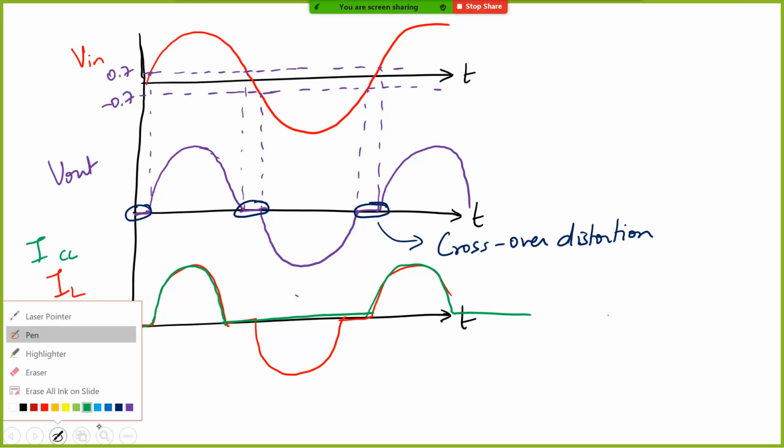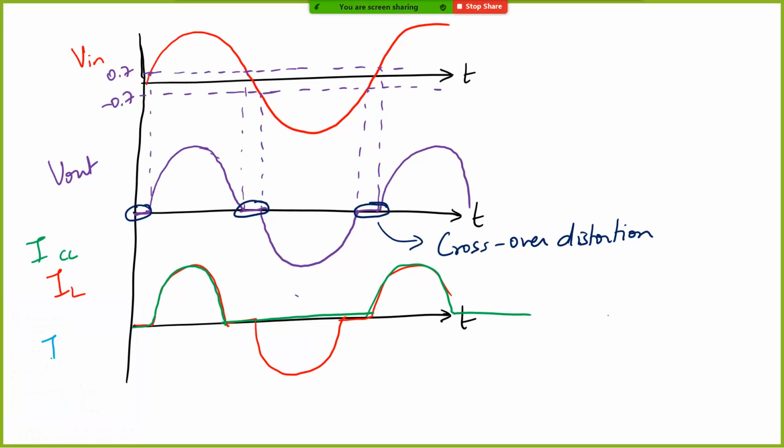And what about IEE, the current drawn from the negative supply? It is going to be like this, following only the negative half cycle. So the current waveforms are a little different.